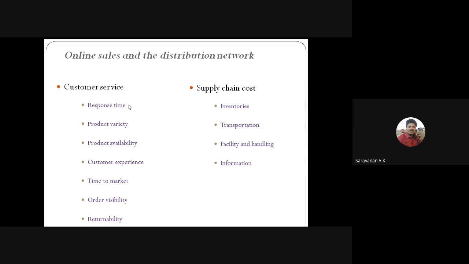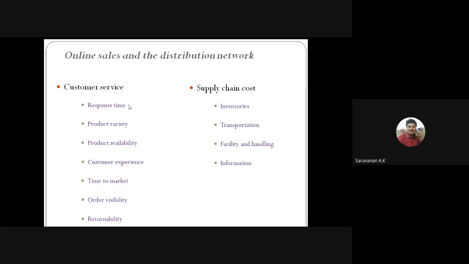Right. So online sales is a very important one. Nowadays, we can place an order through websites, and then we can receive a product, right? Then how will it impact the customer services and the supply chain cost?